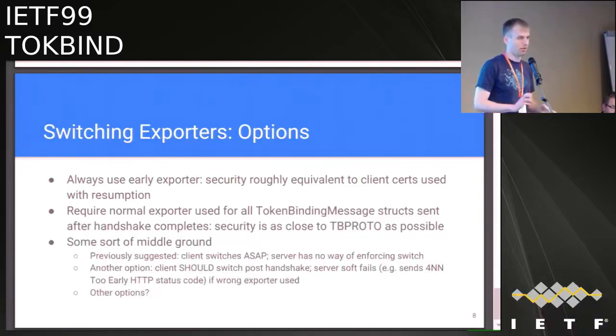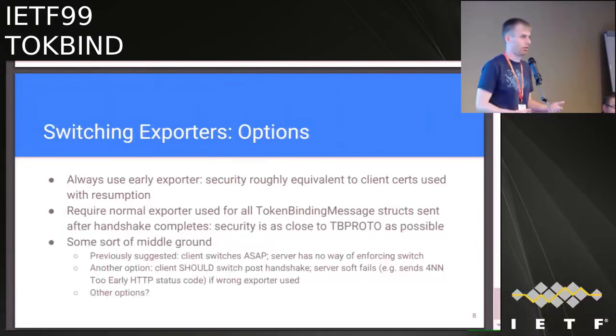I think when to switch exporters is something that could be moved into the application profile. In the HTTP case, that would be if we use the 402 early code that Mark Thompson is proposing for zero RTT replay in this draft, that could be in the application profile of how to do that.